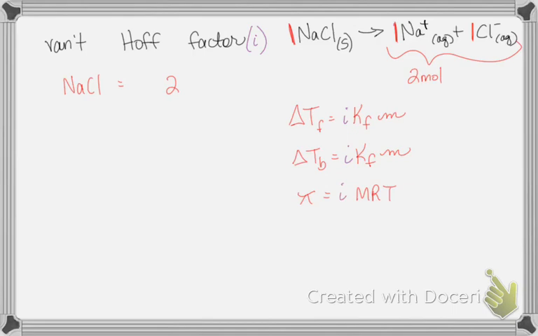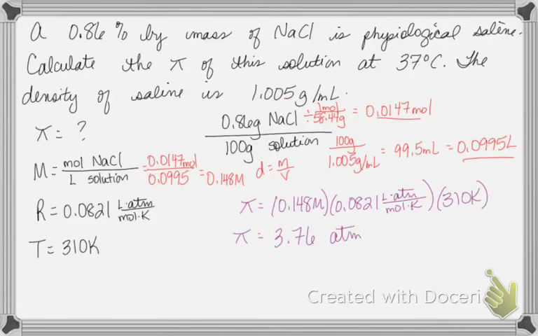So that means for the one we just worked, since it's sodium chloride, the Van't Hoff factor is 2. That means there's a 2 in front of all this, which means we have to double the osmotic pressure.